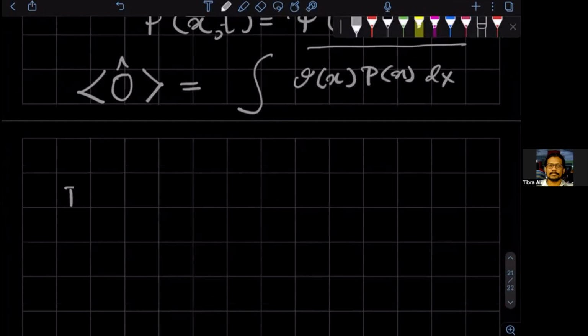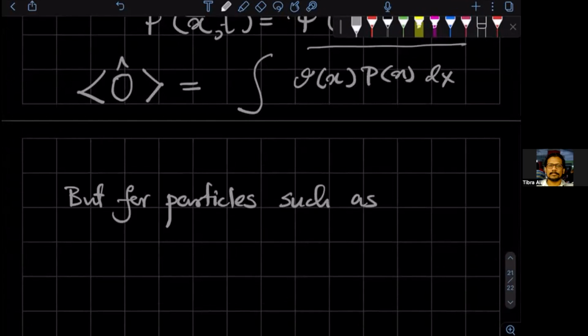But for particles such as an electron, just the wave function is not enough.